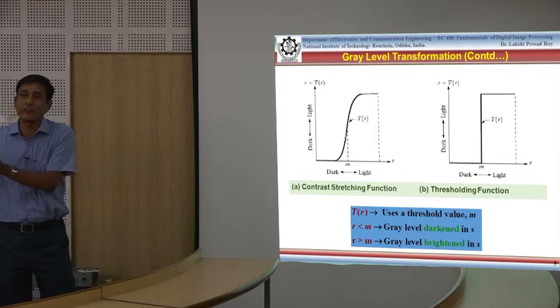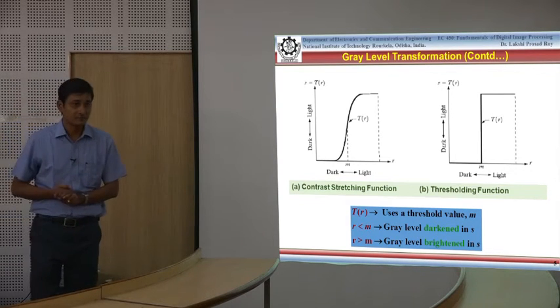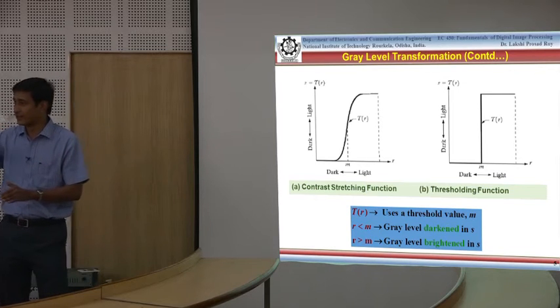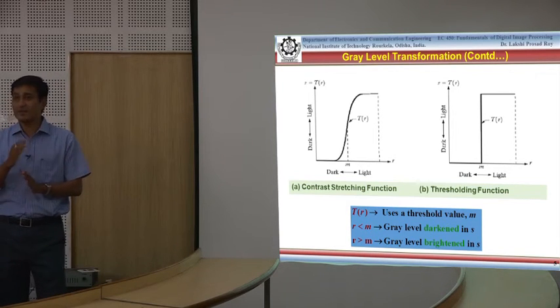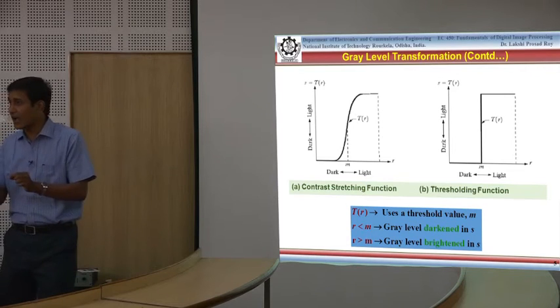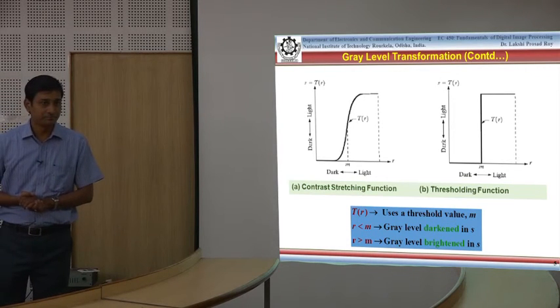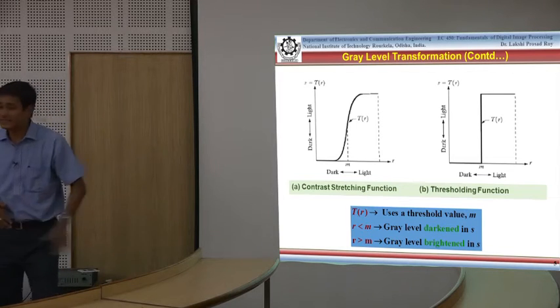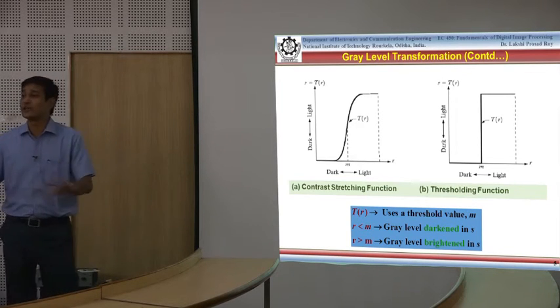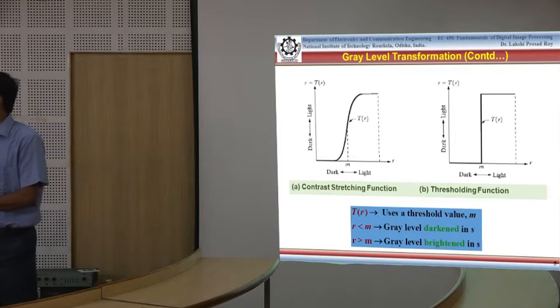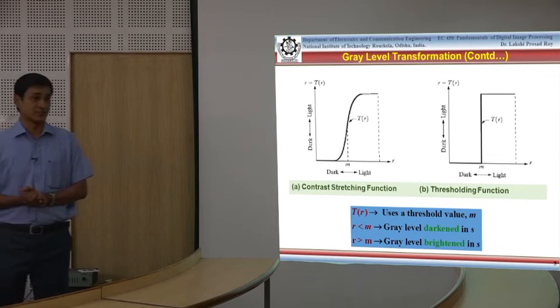That means if it is going very bright, don't make it that bright, suppress it a little bit. But if it is less than m, with a lesser r value, then you push it up and up. This way you can manage the curvature here as per your desire, which way you would like the image to appear after processing.